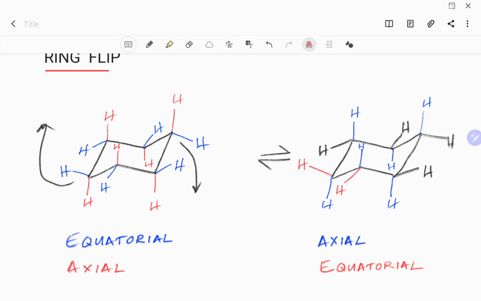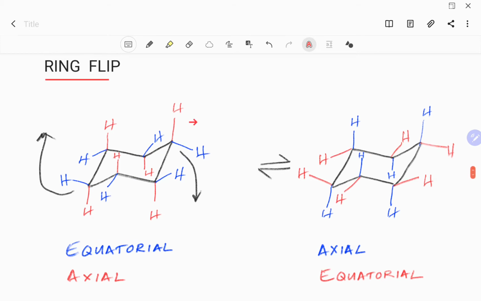Take home message: you don't have to learn two different ways to draw the same cyclohexane ring. All you need to understand is that after a ring flip, whatever you had in the axial position will go into the equatorial position.